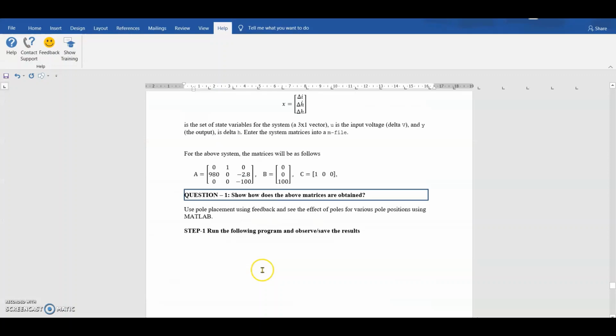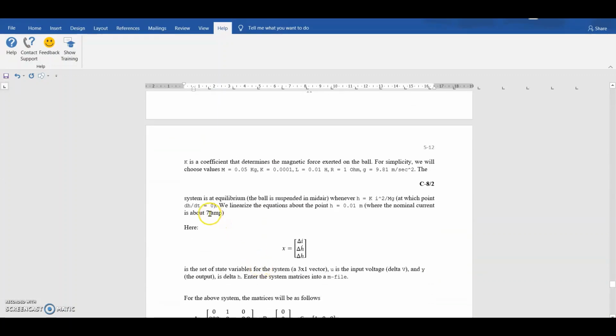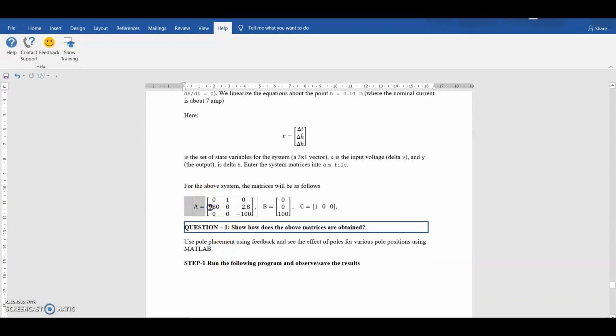Here we have mentioned that we are linearizing the system about 7 amperes, but in the program they have used 0 amperes. That means these matrices should be at 0 amperes. So when you do this question, please correct it. You do it for 0 amperes.